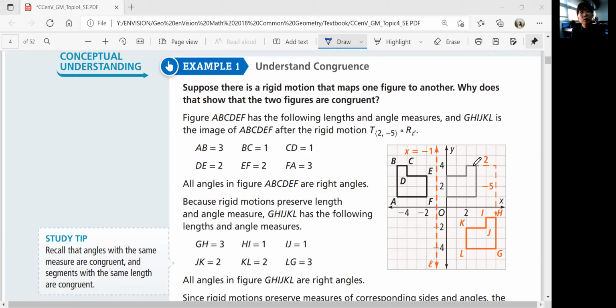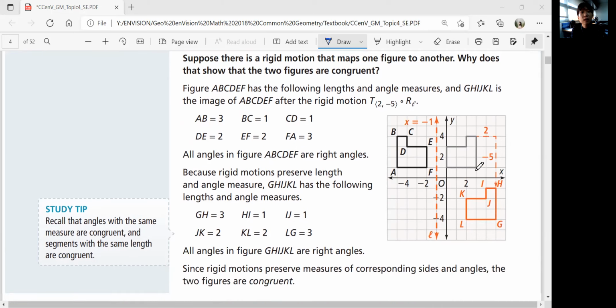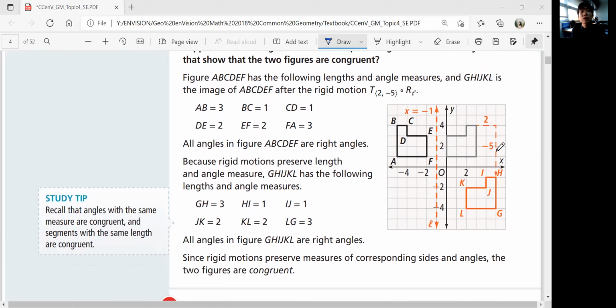So since rigid motions preserve measures in corresponding sides and angles, the two figures are congruent. If they preserve length and angle measures, the transformation is a rigid motion. All rigid motions will preserve side length and angle measure, which means the figures are congruent.